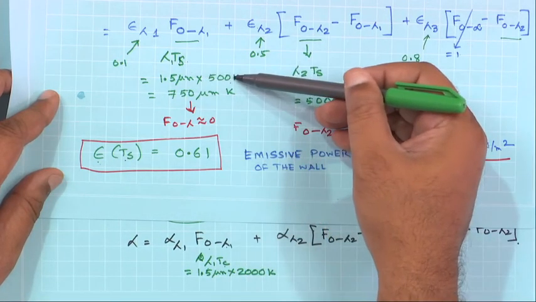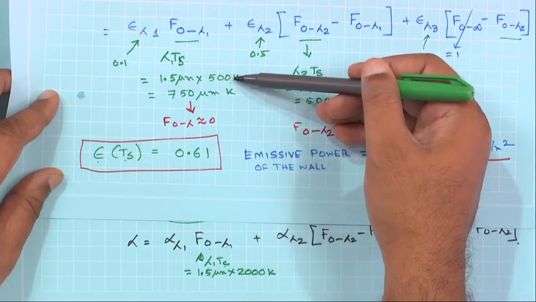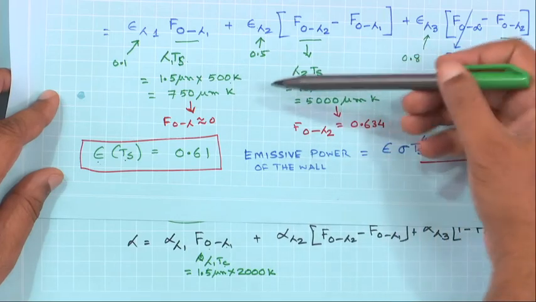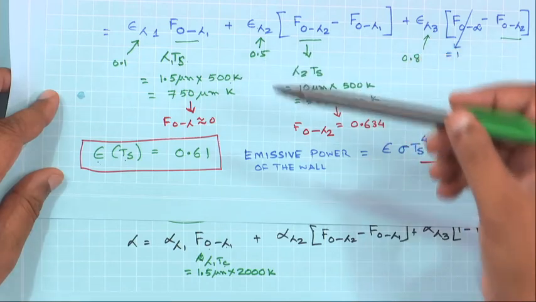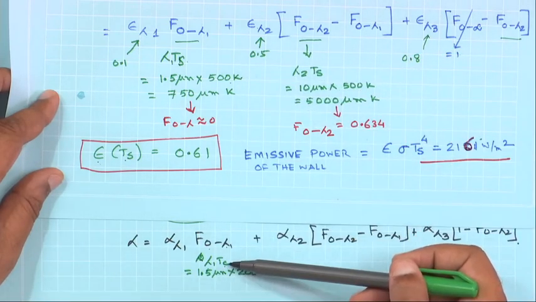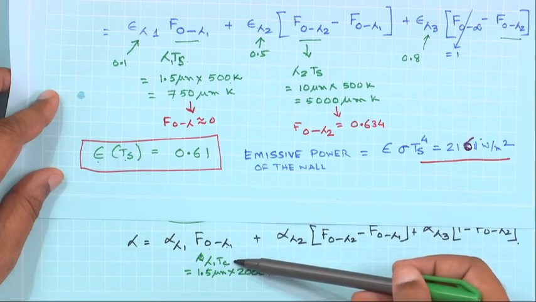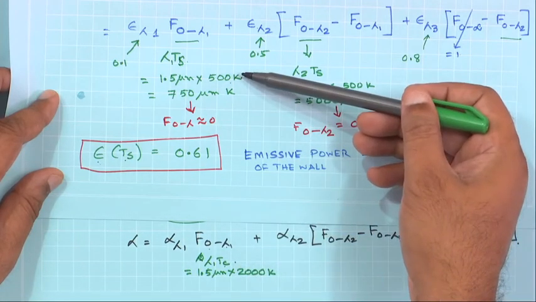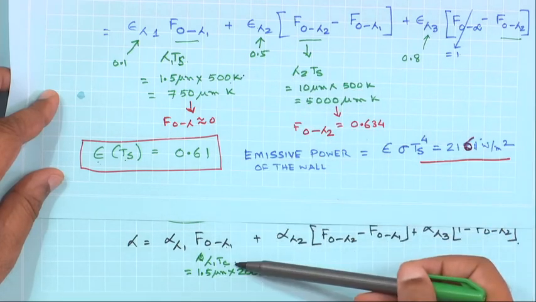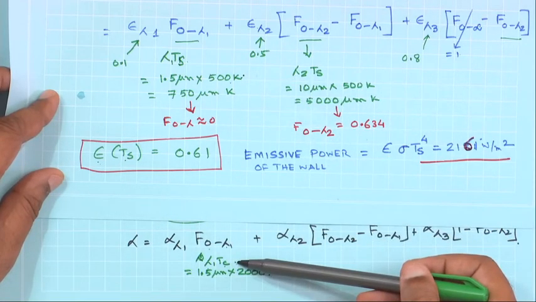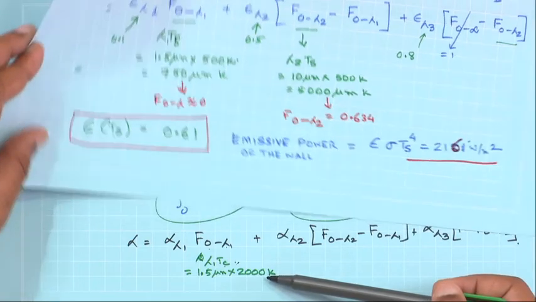T s was 500. So, when we were evaluating the emissivity, it is the temperature of the substrate which is important. When we are calculating the absorptivity, it is the temperature of the source which is important. So, epsilon is for the surface substrate and alpha is for the temperature of the source, which is 2000 Kelvin.